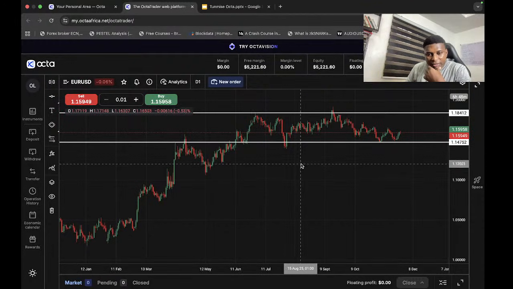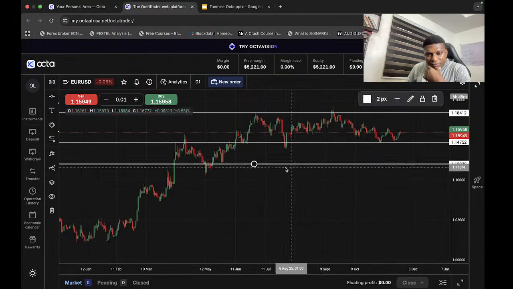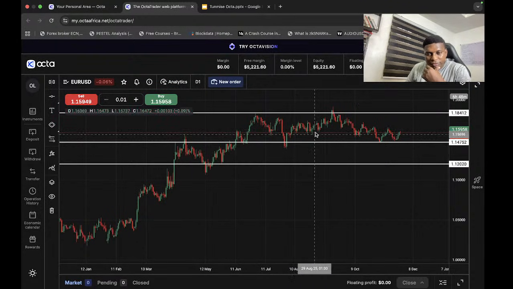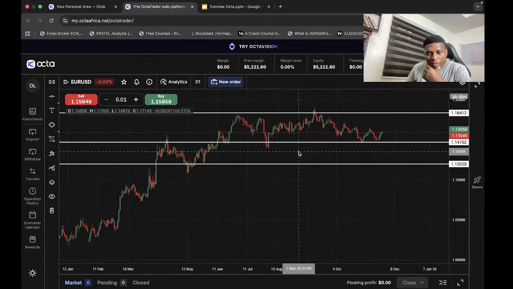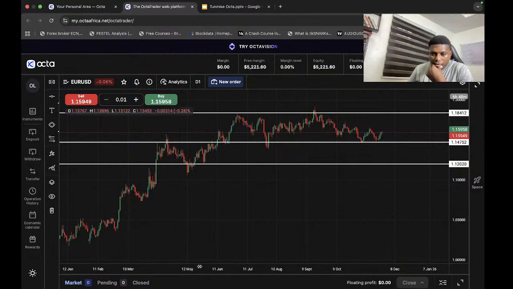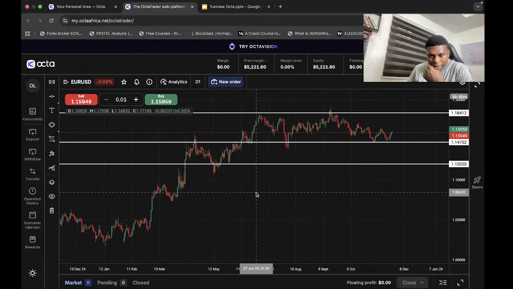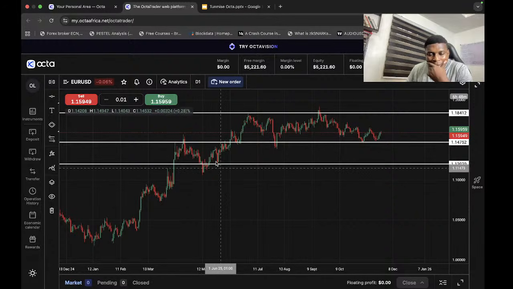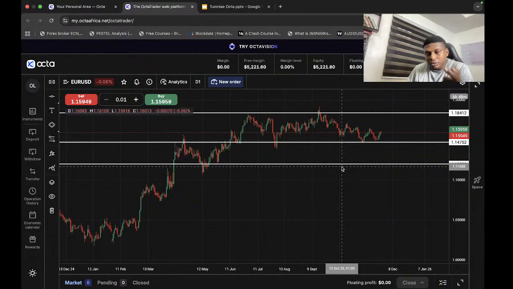Here is another level of support. So you can see right there that we've identified key levels of support and resistance on the daily time frame.